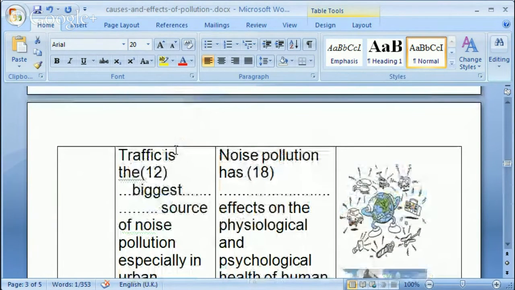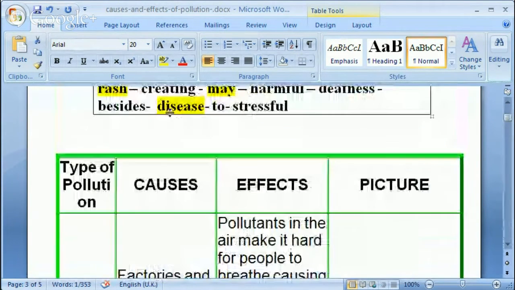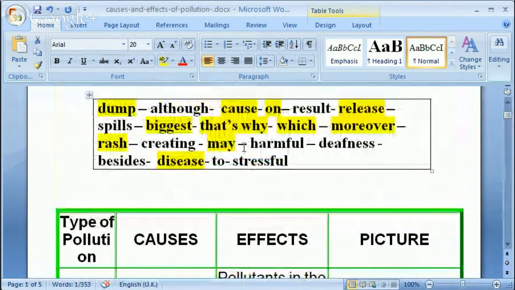It looks like an introduction to add more causes or to add more information. It could be a contrasting point, however, it's probably not. There really are no adjectives here. Harmful horns, stressful horns, possibly stressful horns.